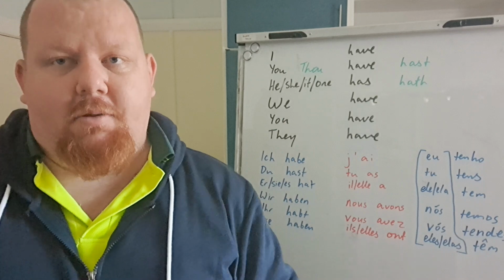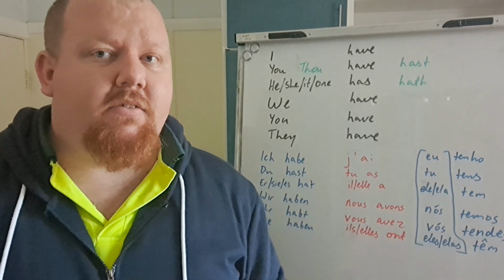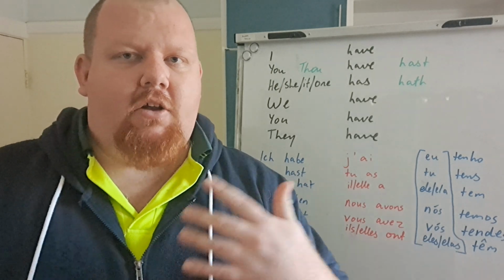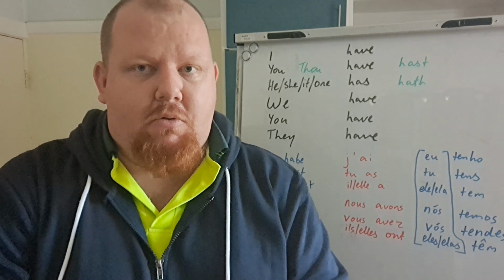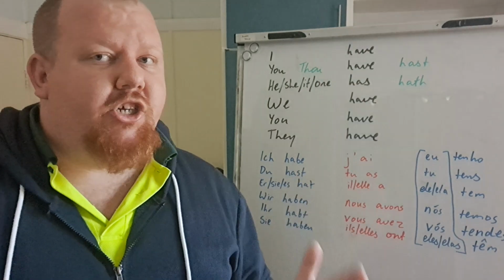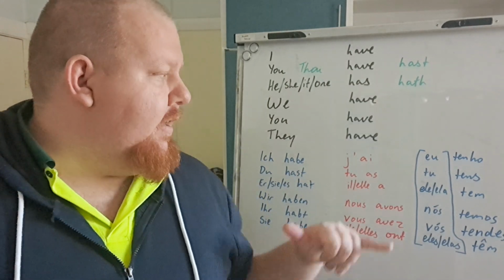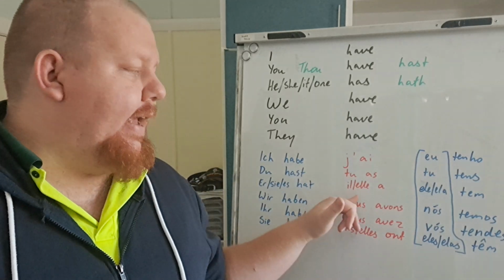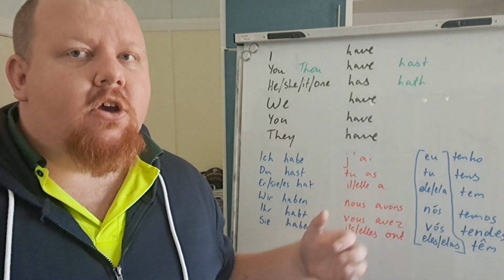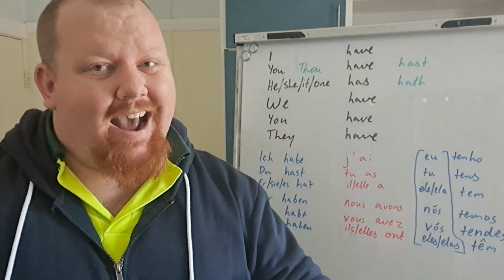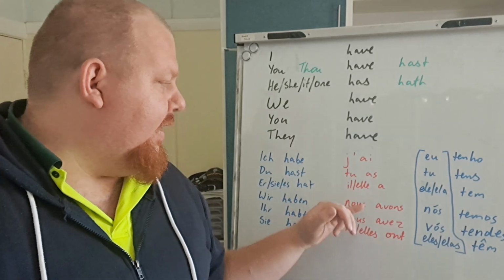In French, similar thing. They always keep the pronoun, but it's for a different reason, mainly because a lot of the forms, even though they might be written differently, sound similar. So, for example, you have j'ai, which is I have, tu as, thou hast, or you have, il a, he has. So that S on tu as is silent. So a and a sound the same, okay?